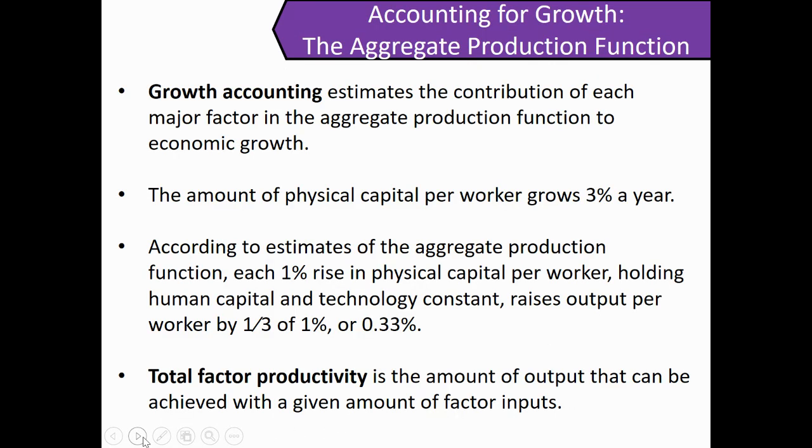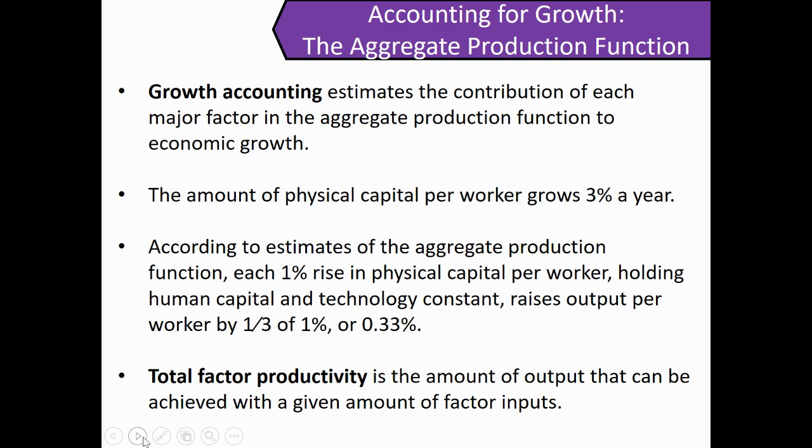So we have this idea of growth accounting. In reality, everything is changing at once. Economists try to estimate the impact different factors have on growth with a technique called growth accounting.